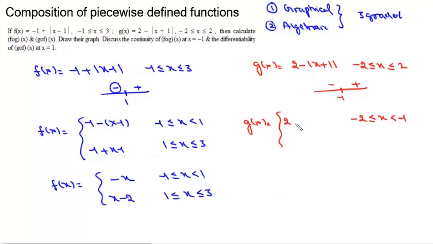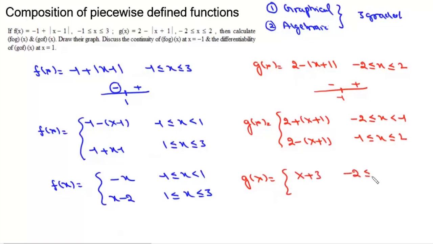Here this is negative, so minus minus plus, it will be 2 plus (x plus 1), and then we have from minus 1 to 2, where it will be positive, so it will be 2 minus (x plus 1). Now g(x) is basically x plus 3 when x lies between minus 2 and minus 1, and it will be 1 minus x when x lies between minus 1 and 2.